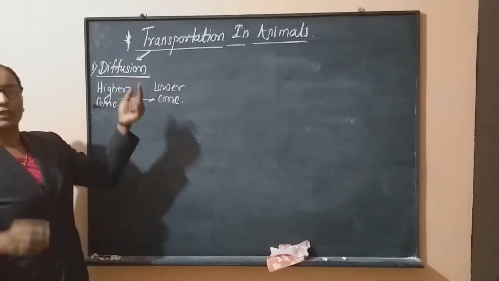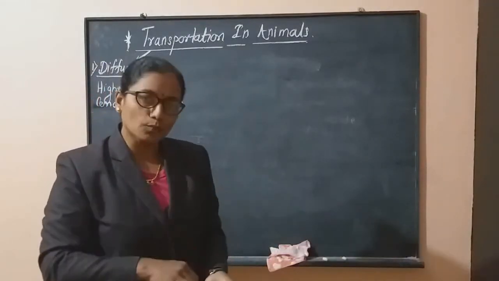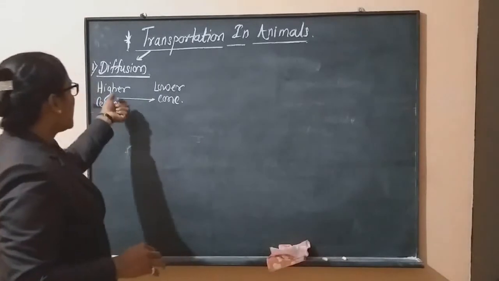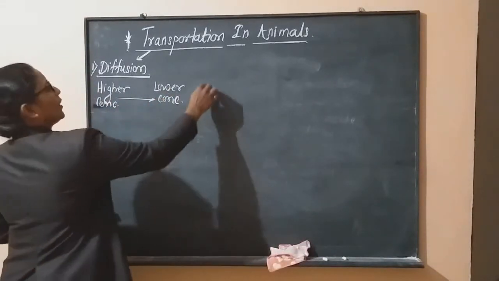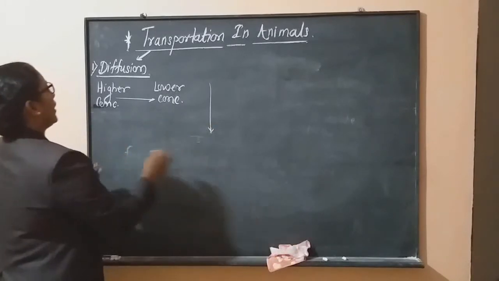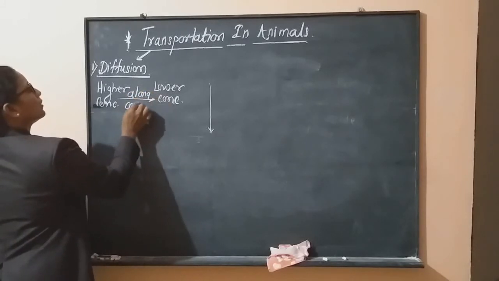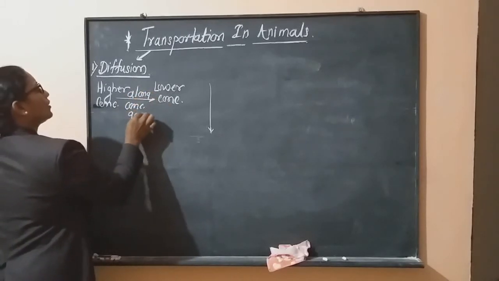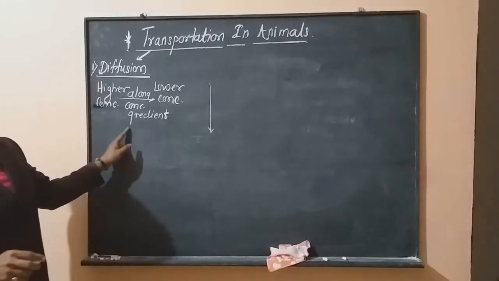Molecules always move from higher concentration to the lower concentration, simply, that is descending direction. And this type of movement is along the concentration gradient. This is called diffusion.